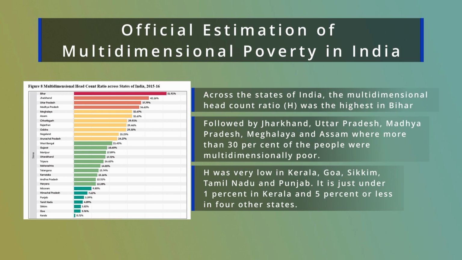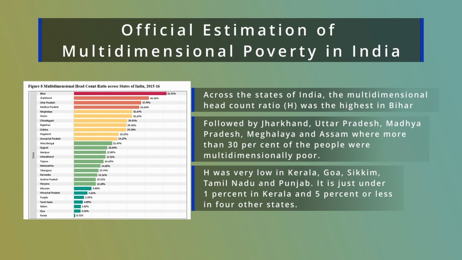Whereas in case of Kerala, it was only 0.71%, that is, less than 1% of people are multidimensionally poor. This figure helps us to understand the extent of regional imbalances in our country. That is, there is a huge variation, 1% to 52% of multidimensionally poor people across states of India.